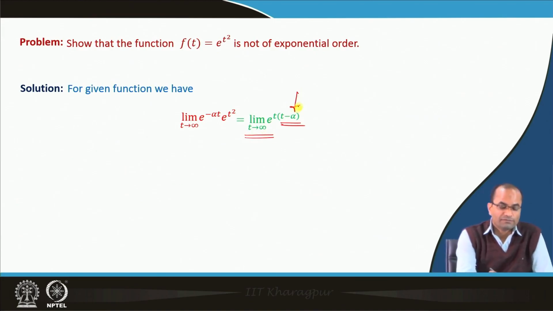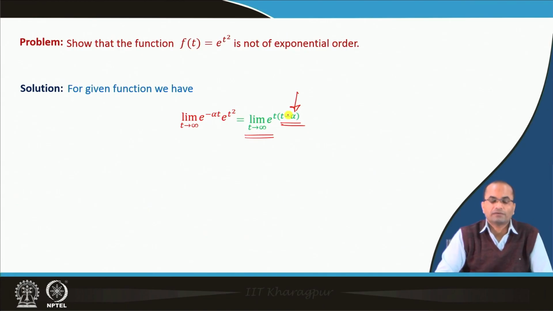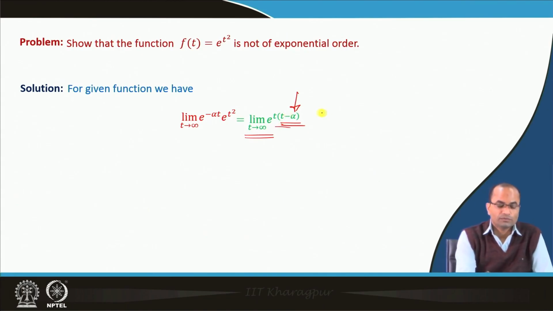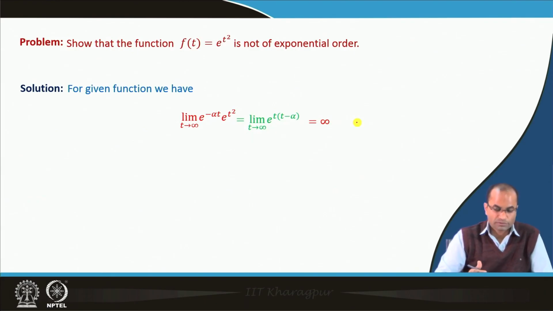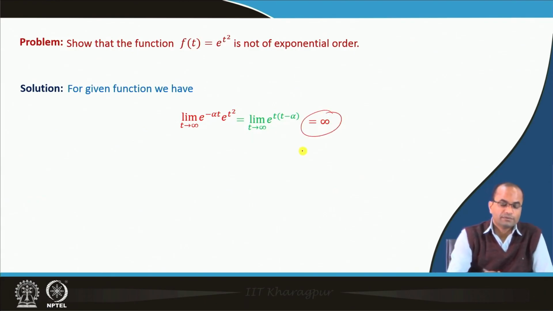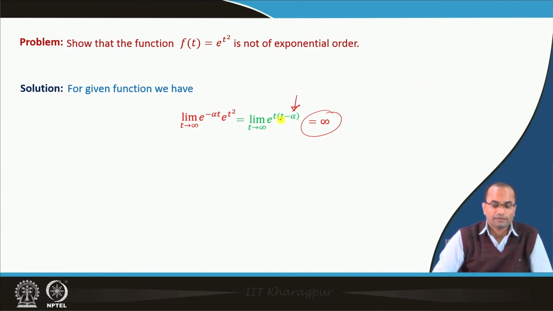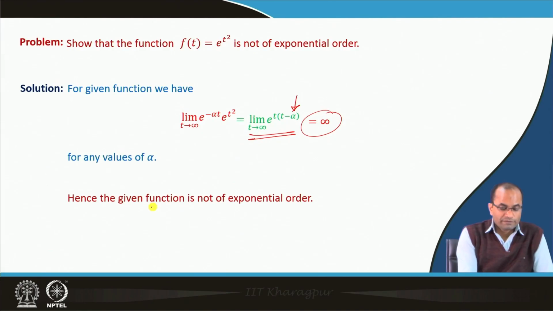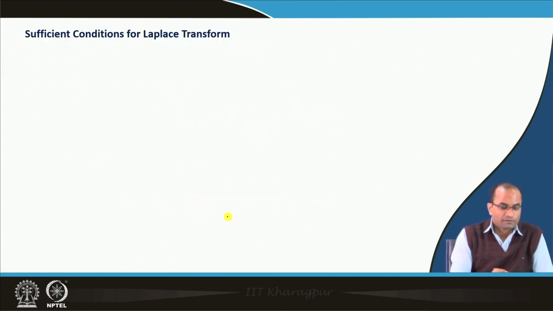So, whatever alpha we take, however large alpha we take, this will go to infinity only. So, it is not going to any positive, any finite number, it is going to infinity for any value of alpha, and therefore, this function is not of exponential order. So, the given function is not of exponential order.